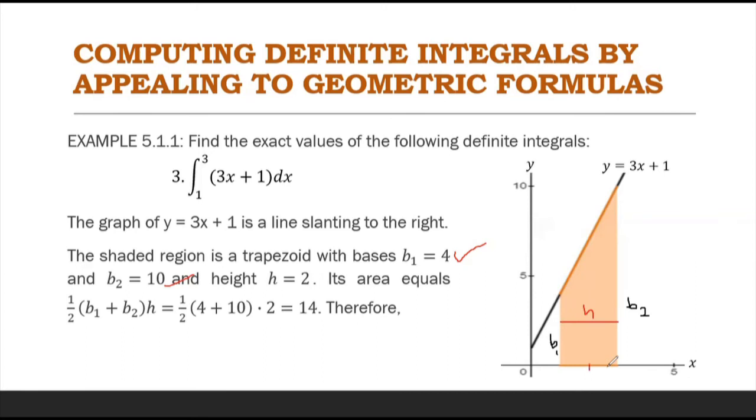So 1 unit and second unit. So ang h natin ay 2. So pag ginamit natin yung formula ng area ng isang trapezoid, we have 1/2 of base 1 plus base 2 times the height. So we have 1/2 ang base 1 natin ay 4 plus 10 base 2 times height 2. So we have 14. Therefore, the integration of 3x plus 1 dx from 1 up to 3 is equals to 14. And that's it.